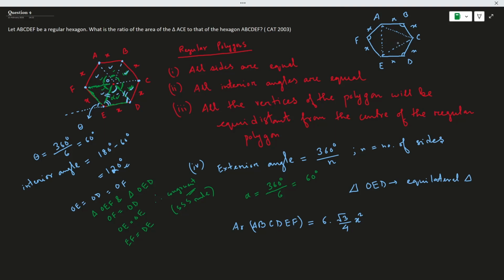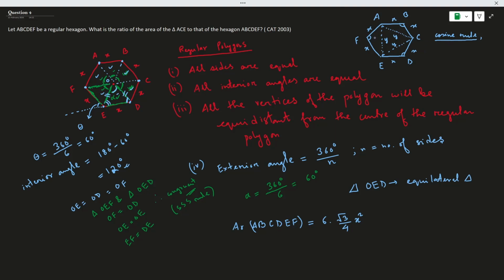All these three triangles are congruent, so their third side will also be equal to the corresponding third side of the other triangles. So let me say that this side is y, this is also y, and this is also y. Now use the cosine formula or cosine rule.